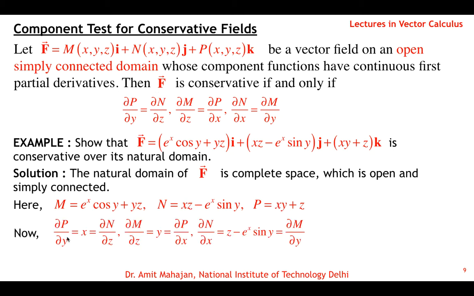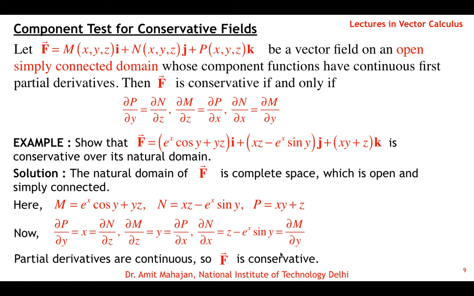M derivative z is y, and P derivative x is also y, so this is also equal. Similarly, N derivative x is z minus e power x sine y, and M derivative y is also z minus e power x sine y, so this is also equal. Clearly the component test holds, and so the field is conservative.